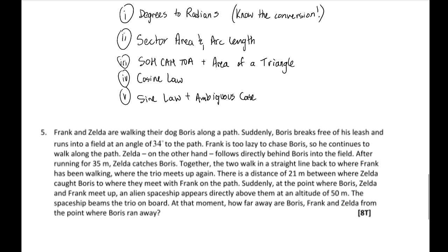Together, the two walk in a straight line back to where Frank has been walking, where the trio meets up again. There's a distance of 21 meters between where Zelda caught Boris to where they meet up with Frank on the path. Suddenly, at the point where Boris, Zelda, and Frank meet up, an alien spaceship appears directly above them at an altitude of 50 meters. The spaceship beams the trio on board. At that moment, how far away are Boris, Frank, and Zelda from the point where Boris ran away?